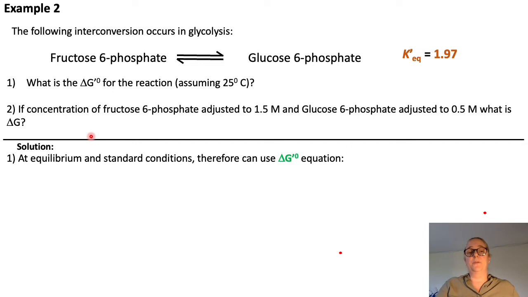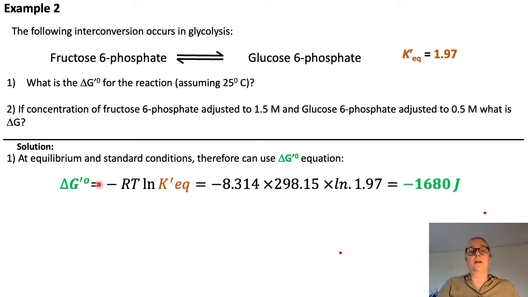So the solution: at equilibrium and standard conditions, you can use the standard free energy change equation, which is this, remember. So here we have the gas constant, R, times the temperature, so 25 degrees, 298.15 Kelvin, times ln of the equilibrium constant, which was 1.97.